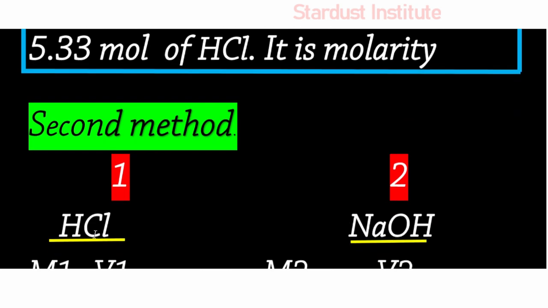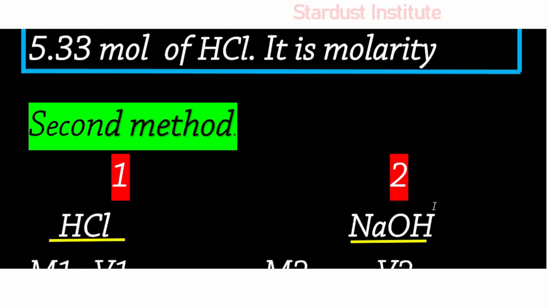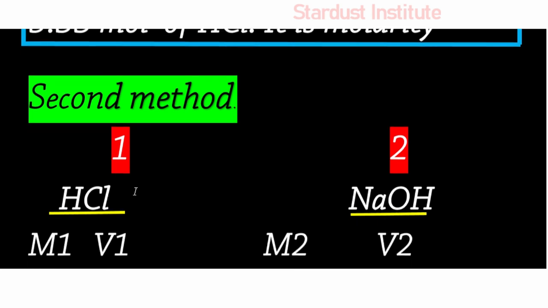We can take this HCl solution as number 1 solution, and the sodium hydroxide solution as number 2 solution. There's no problem. If you want, you can take the HCl solution as number 2 and the sodium hydroxide solution as number 1. Now here we have taken the HCl solution as number 1 and the sodium hydroxide solution as number 2.